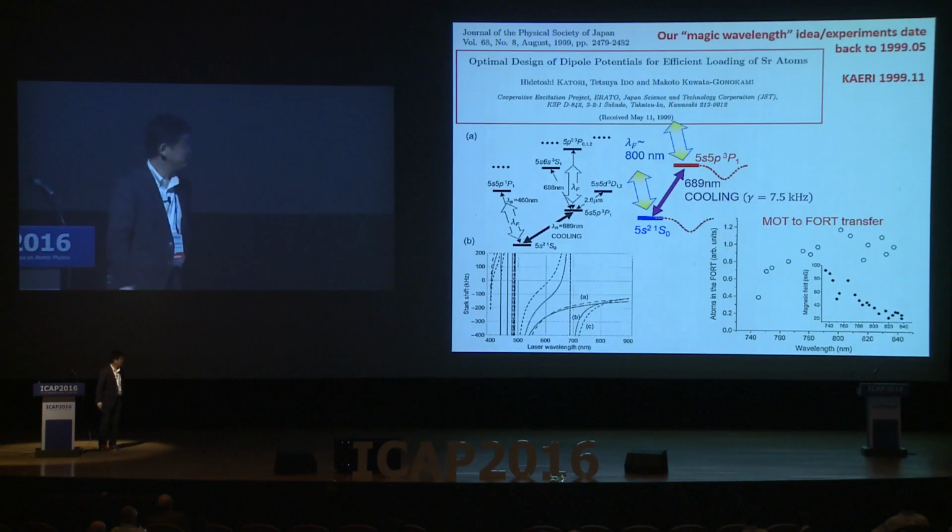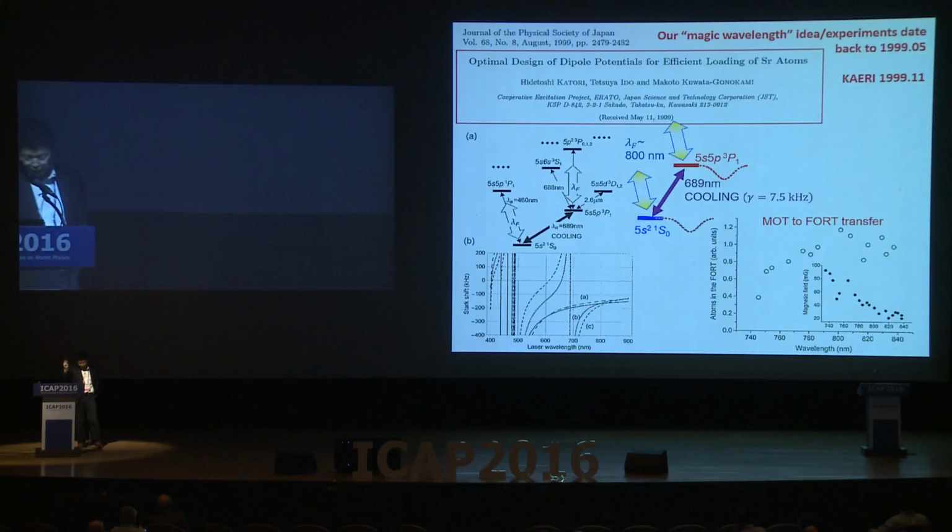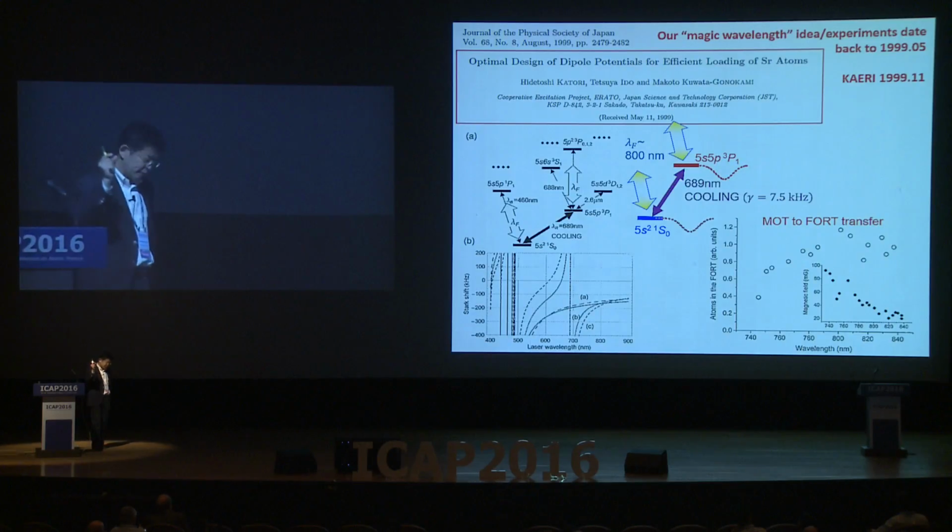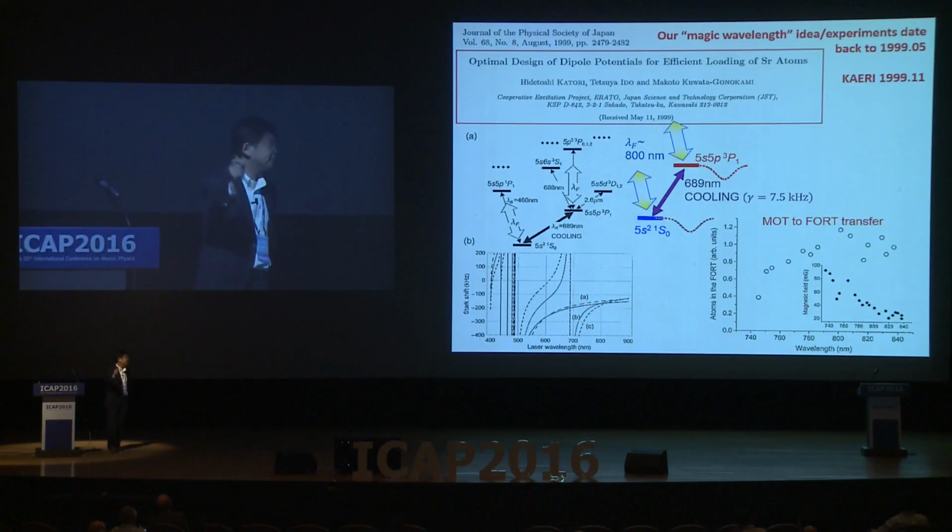For this purpose, we calculated the light shift in the upper state 3P1 and ground state 1S0. And we tried to find the optimum trapping wavelengths to efficiently load strontium atoms into the dipole trap. So this was the very origin of the magic wavelengths idea.